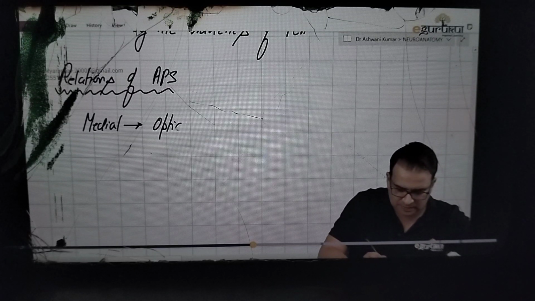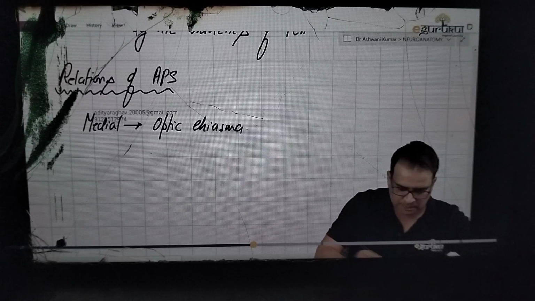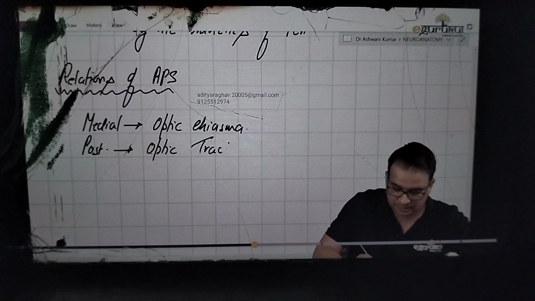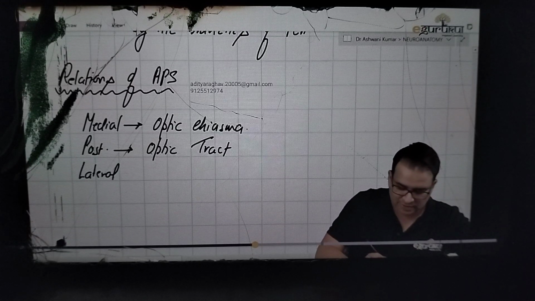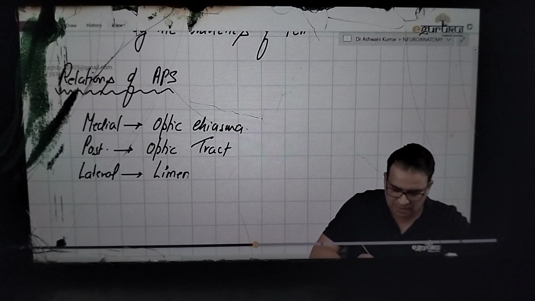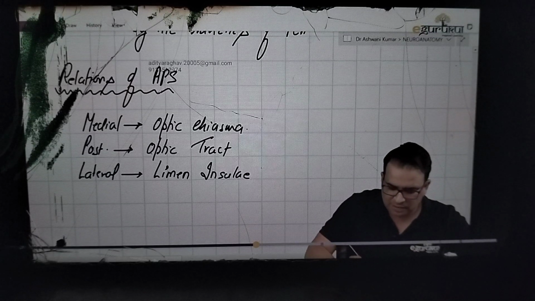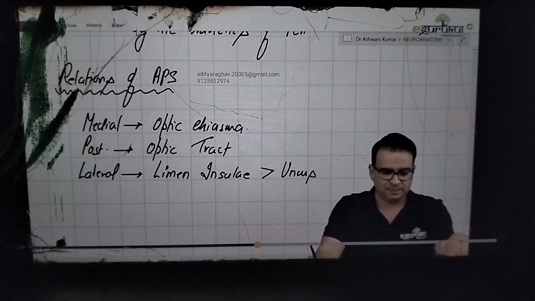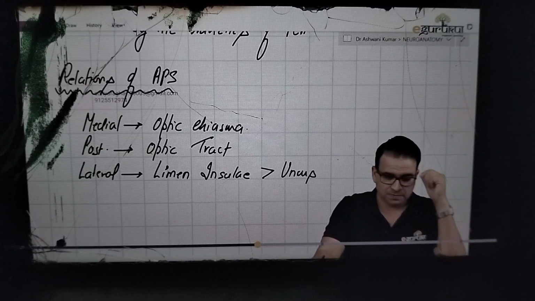That was optic chiasma. Posterior relation is optic tract, and then comes the important one, that is the lateral relation. Your best answer here is going to be limen insulae. If limen insulae is not in the options, you can go with uncus also, but uncus should be your second best choice. Limen insulae, uncus. Uncus is more posterior laterally present.